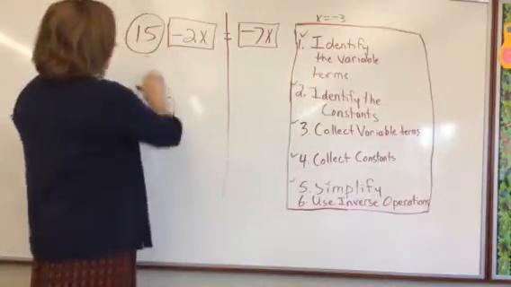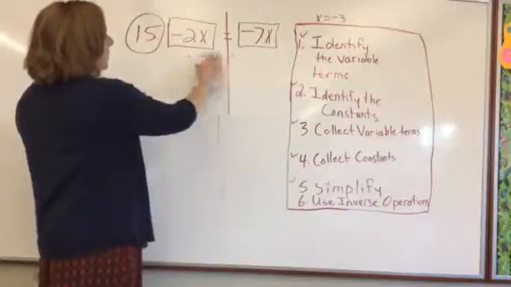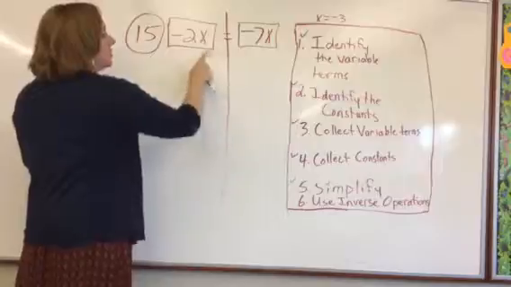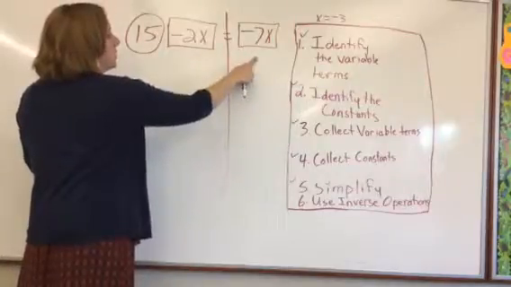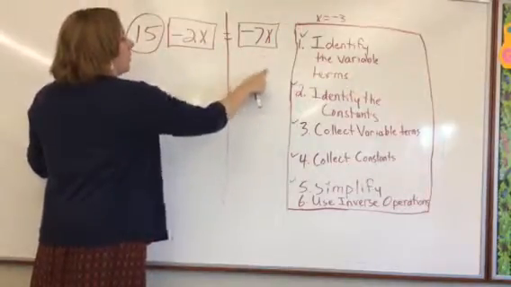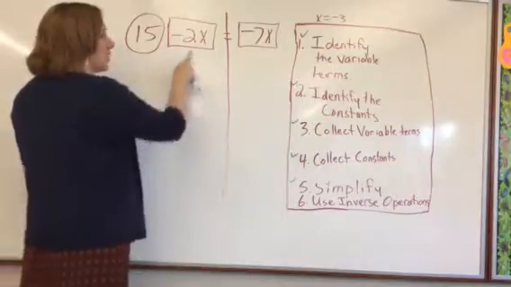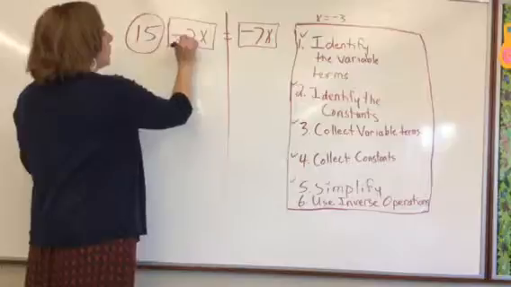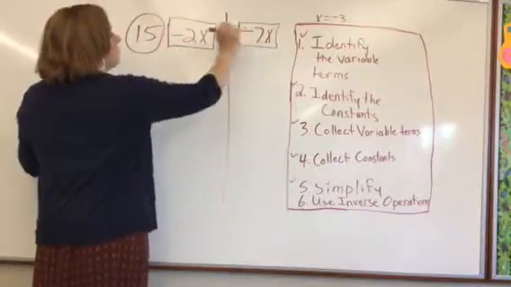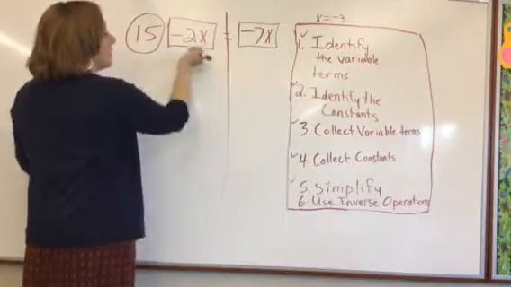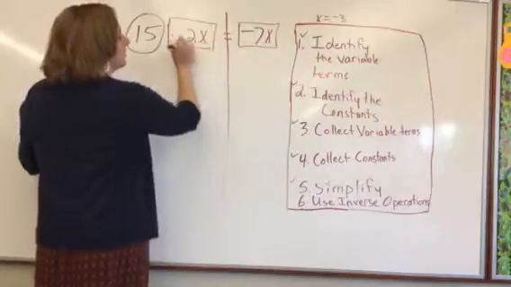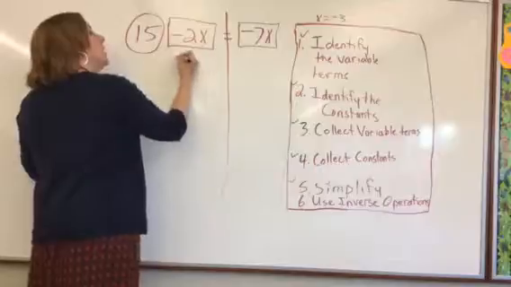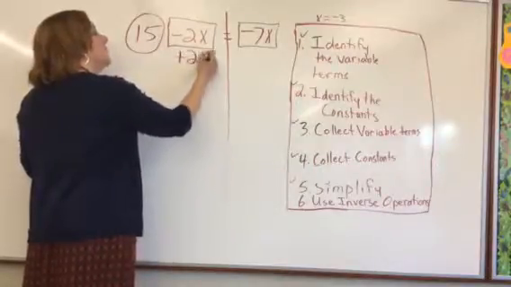So what I'm going to do, I've got 15 minus 2x equals negative 7x. I know that I want these two things on the same side of the equation. I don't like messing around with that 0 situation we had before, so I would work with this to move it over to the right instead of doing it the opposite way. Instead of moving this to the left, I would want to move this to the right. So to undo minus 2x, I would use the inverse operation.